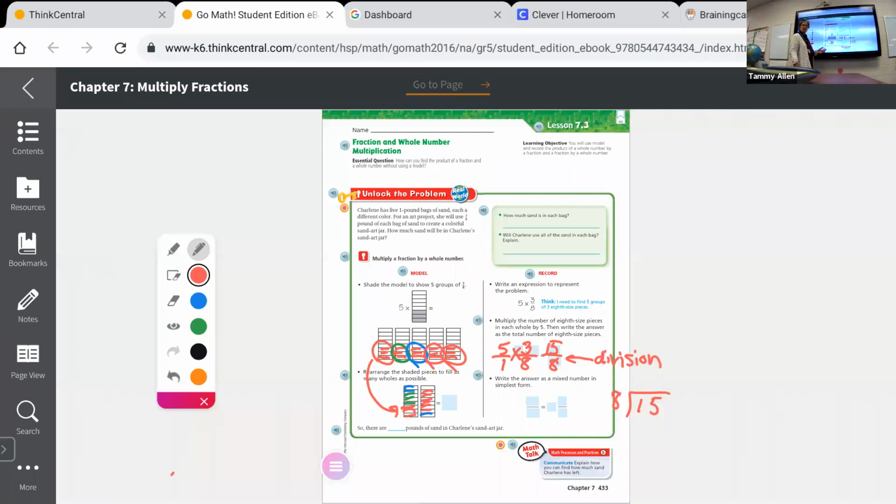How many 8s go into 15? Some of you aren't writing it down. Some of you aren't even looking at me. How many 8s go into 15? The remainder is the what? Numerator. The divisor is the denominator.